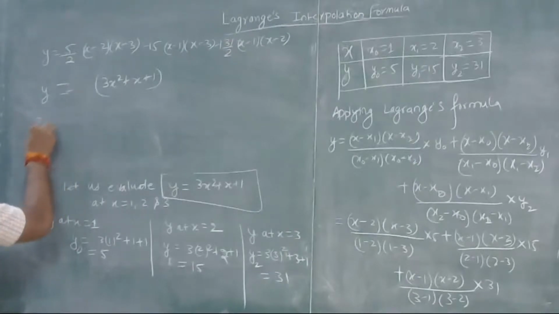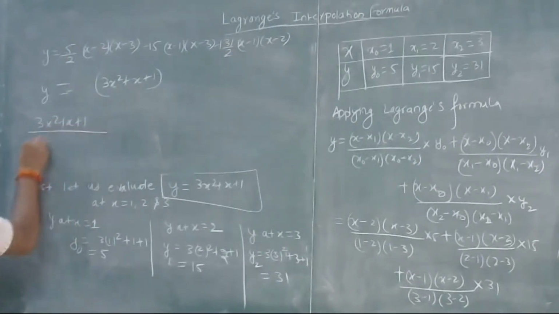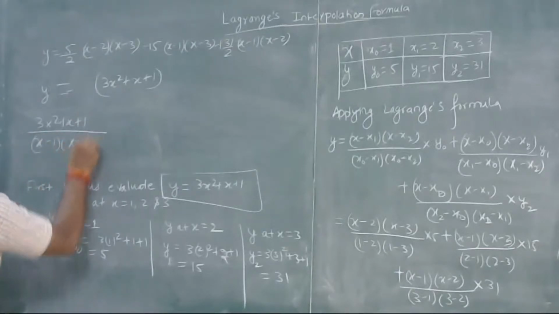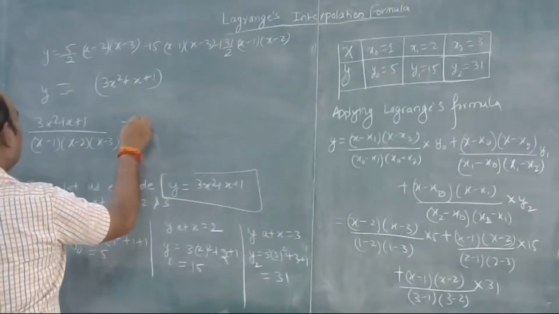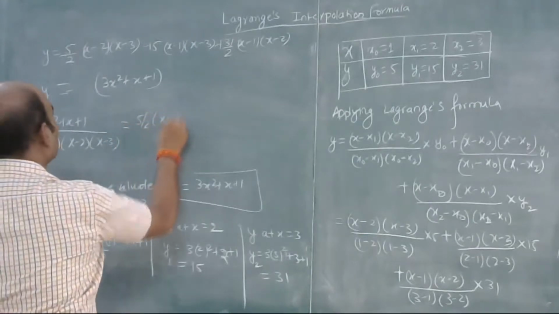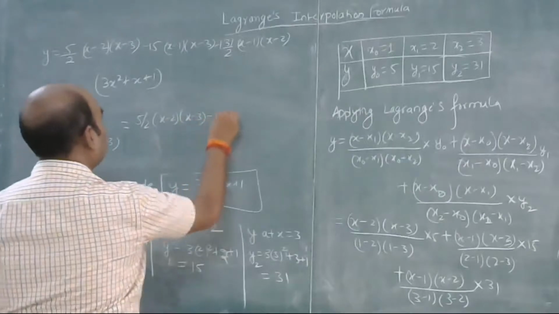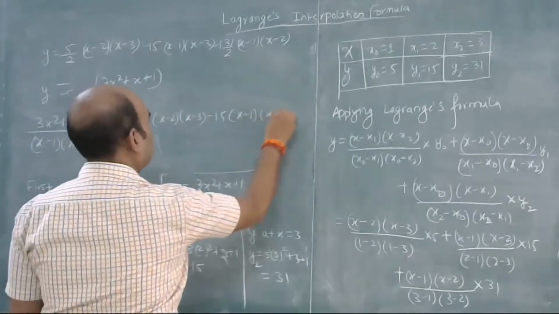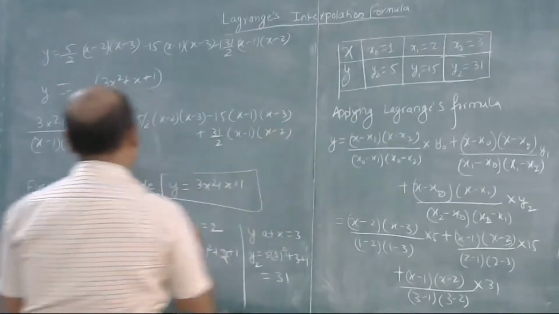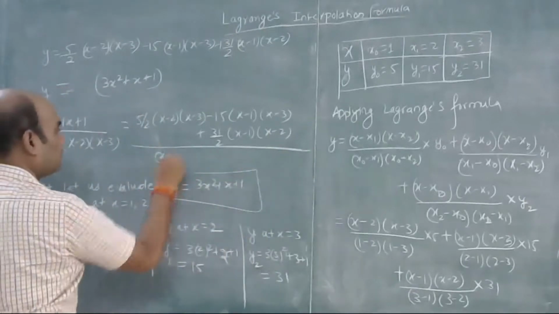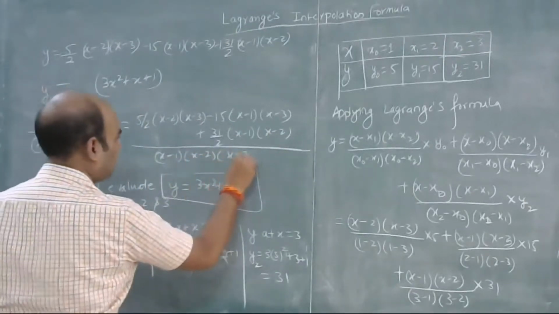So we have the function x square plus x plus 1 all divided by (x minus 1)(x minus 2)(x minus 3). So this is 5 by 2 (x minus 2)(x minus 3) minus 15 (x minus 1)(x minus 3) plus 31 by 2 (x minus 1)(x minus 2), divided by (x minus 1)(x minus 2)(x minus 3).